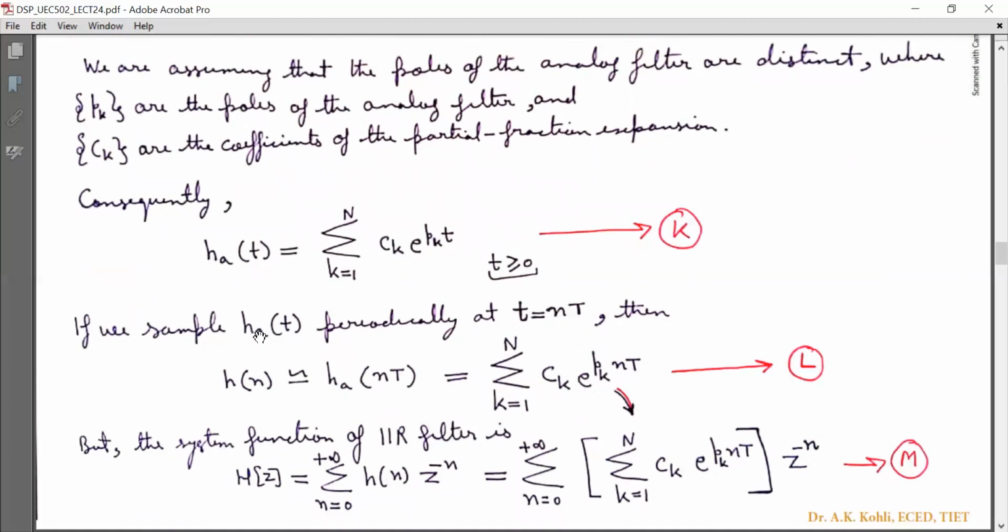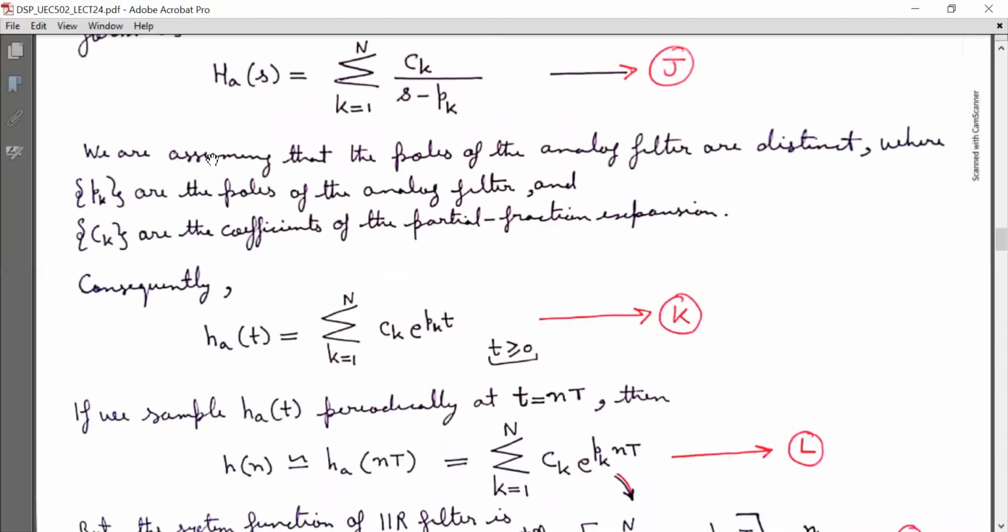Then I sampled it periodically to generate the sampled values h(n), mark it as equation L. After that, I generated the system function of the IIR filter H(z) based on these values of h(n), and by using this formula I get H(z) as equation M. And if you look at this, H(z) is also dependent upon Pk, which are the poles of H_a(s).